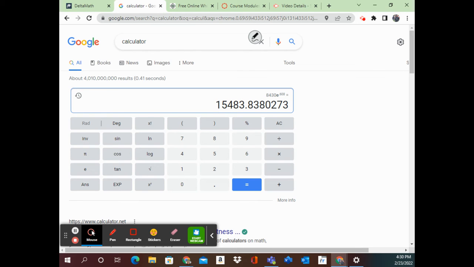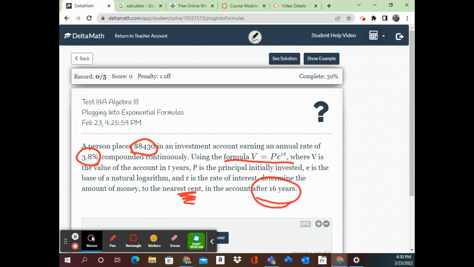Enter. So we have $15,483.84 as our answer.